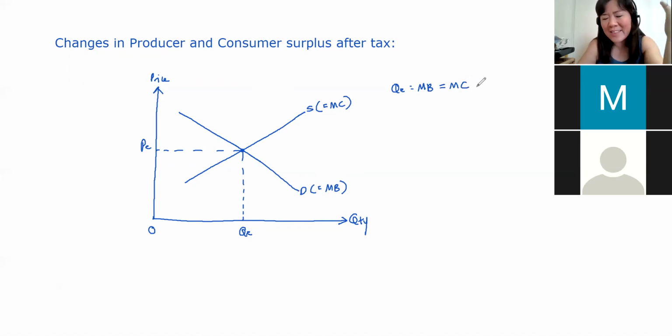You can think of it as the same as MPB equals MPC. If you relate that to market failure, MPB equals MPC. Assuming there are no externalities, basically no market failure, when MB equates MC, it is supposed to lead to what we call allocative efficiency.